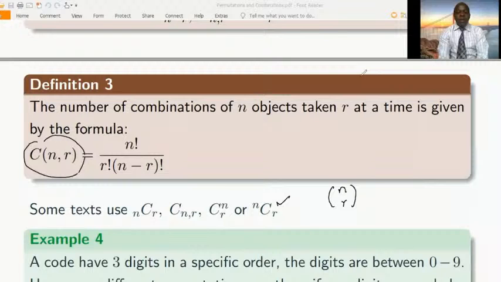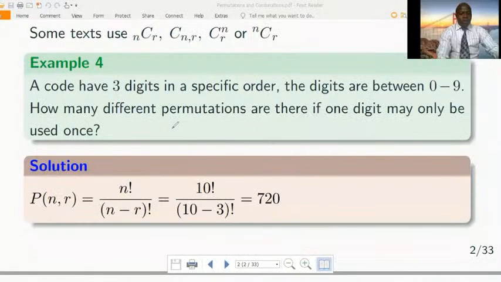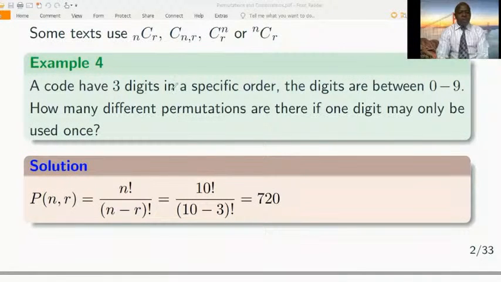Now let's just look at examples straight away. The example says that a code has 3 digits in a specific order, and the digits are between 0 and 9. How many different permutations are there if one digit may only be used once?